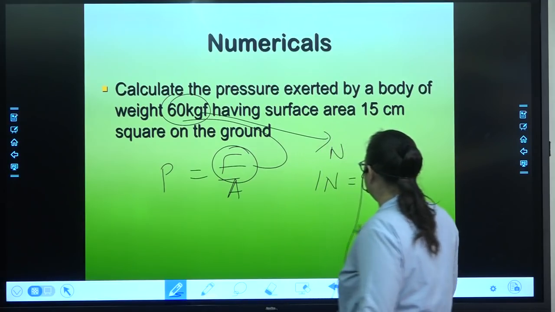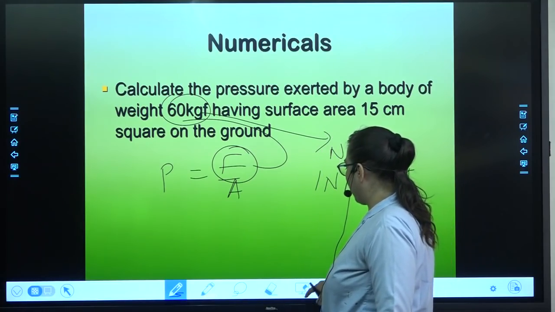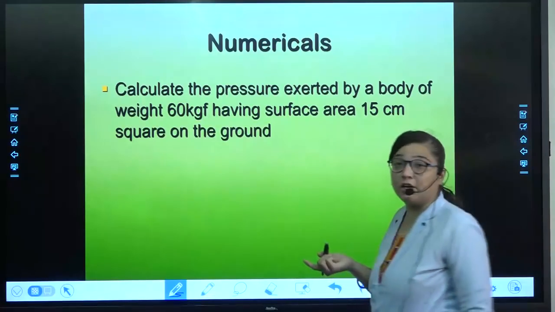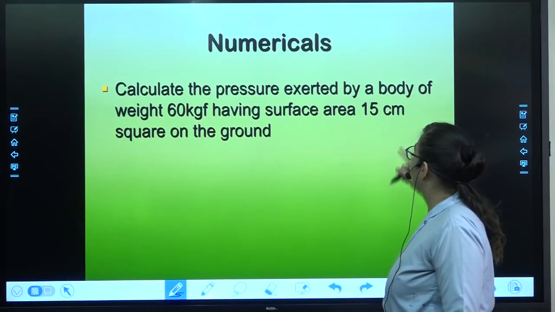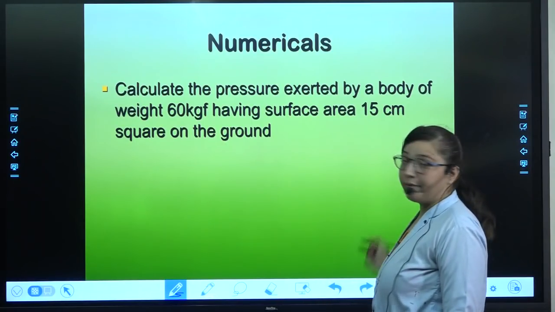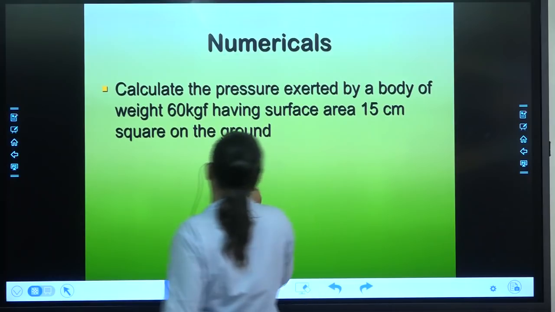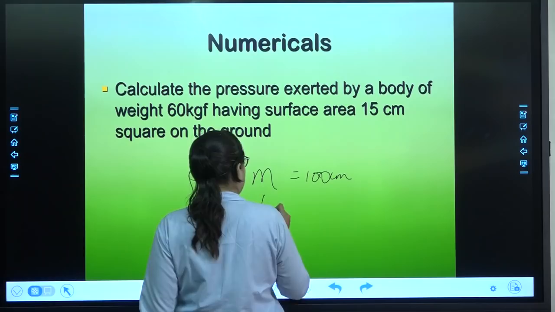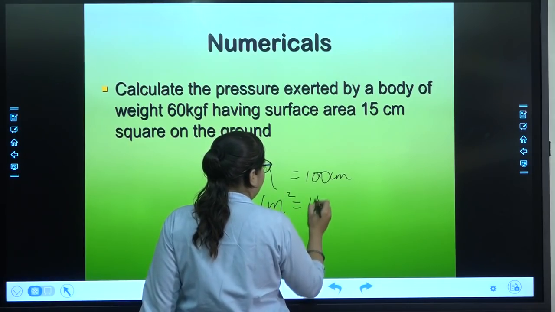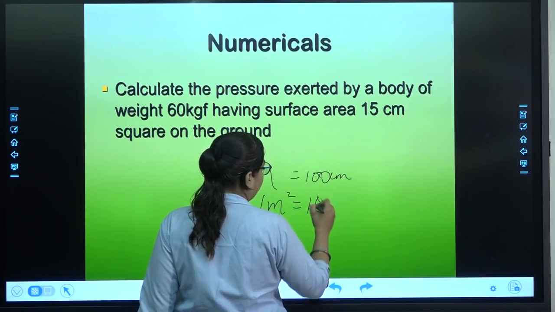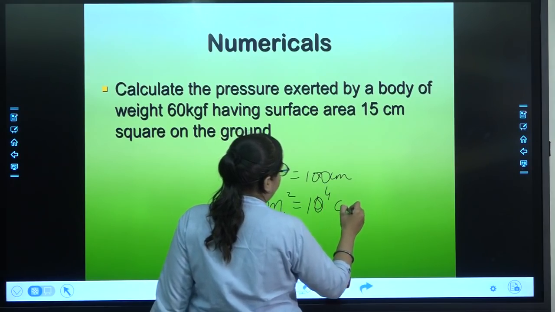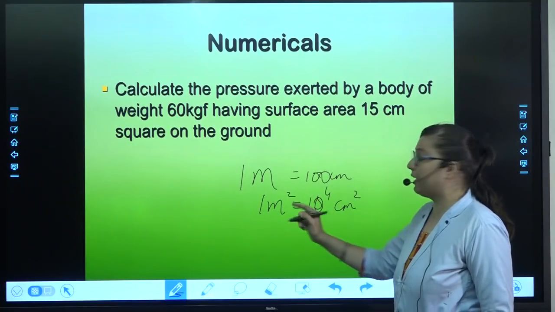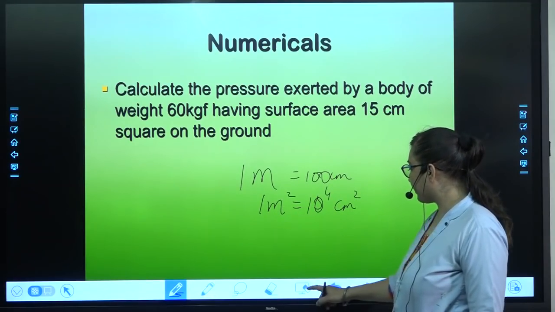When the conversion is done, we find the value in Newton, then divide by 15 centimeters square. For converting centimeter square, we know that 1 meter is 100 centimeter, so 1 meter square is 10 raised to 4 centimeters square. If you want to convert to meter, you have to divide by 10 raised to 4.